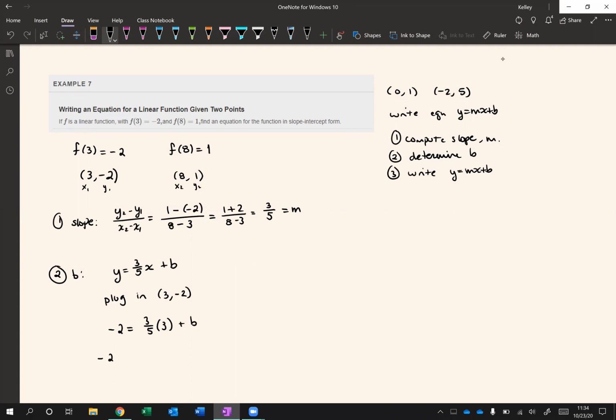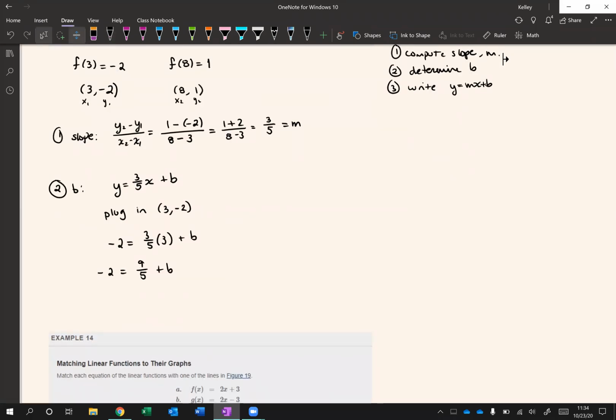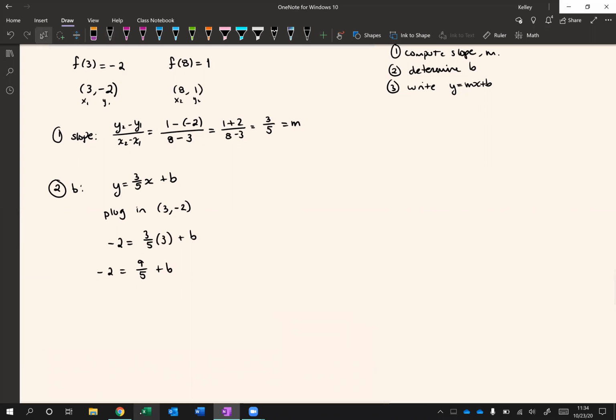So I get -2 equals 9 over 5 plus b. I'm going to subtract 9/5 from each side so I can isolate b. So I get -2 minus 9/5 equals b. Now I need to convert -2 into something over 5. So this will be -10 over 5 minus 9 over 5 equals b, so -19 over 5 equals b.